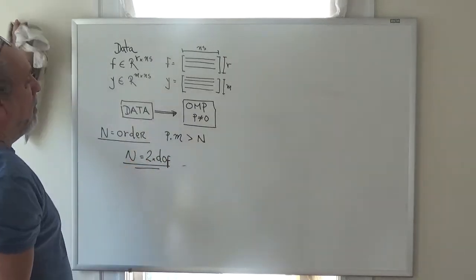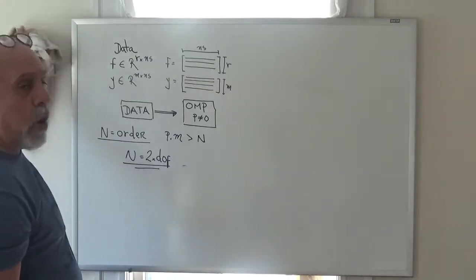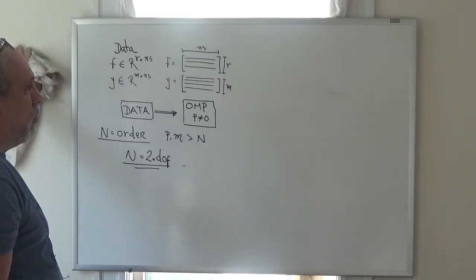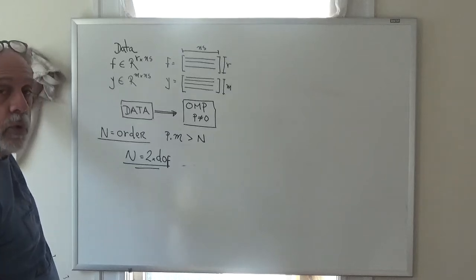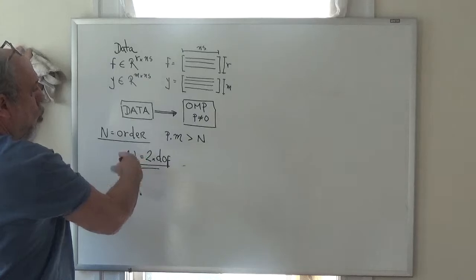Okay? But remember, we are in a context of system identification. We do not know how many degrees of freedom the system has. We may in an academic setting here, but in general we don't know, so we don't really know this order.